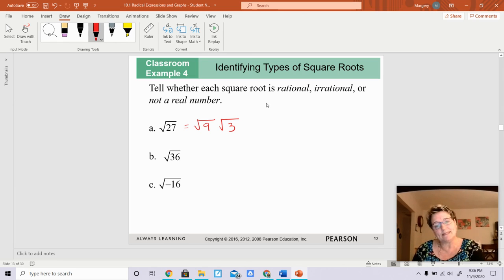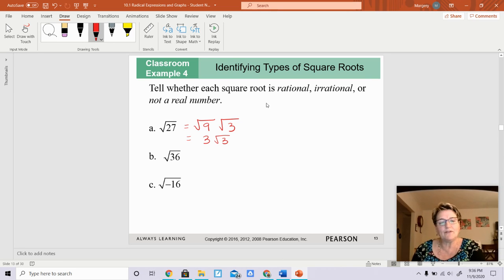So what happens is the square root of 9 is 3, but you cannot square root 3 because it's just the square root of 3. Now, the square root of 3 itself is irrational, meaning when I plug it into a calculator, it just keeps on going. I multiply it by 3 and it just keeps on going. So that would give you an irrational number.